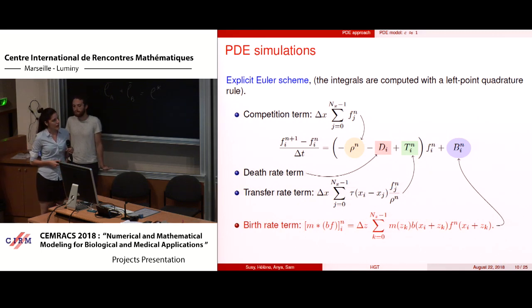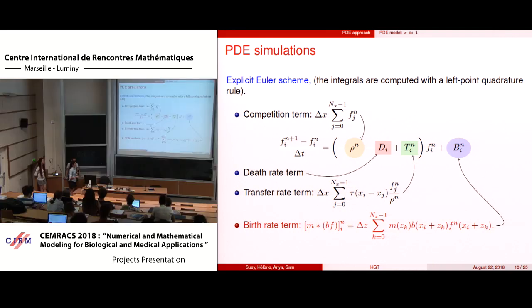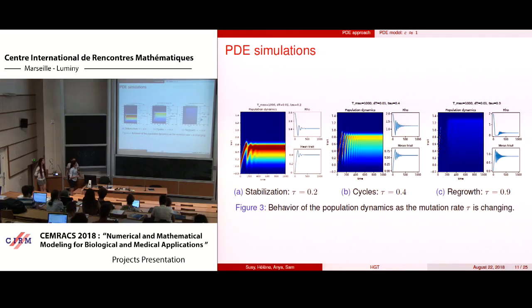What is important to mention here is that for the value of f at the point x_i plus z_k, we make a linear interpolation if this value is inside the x grid, and a linear extrapolation with the left or right slope if it's outside of the x grid.